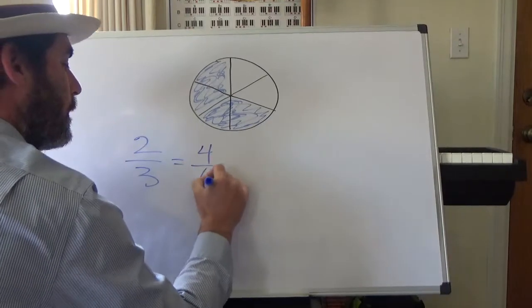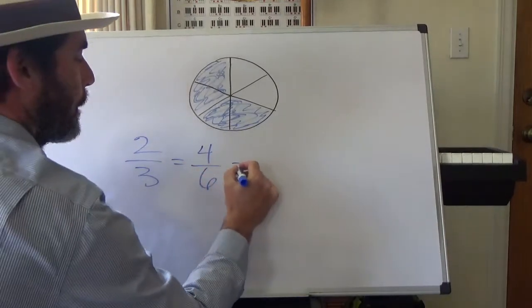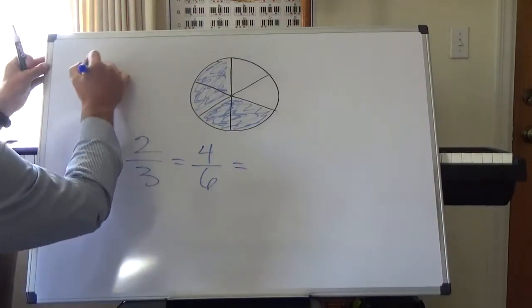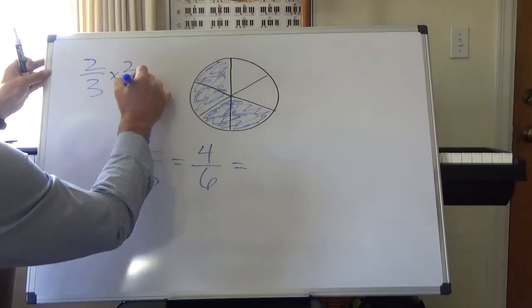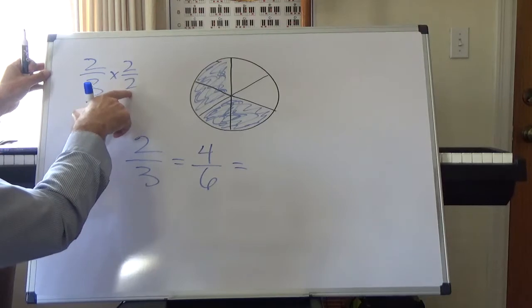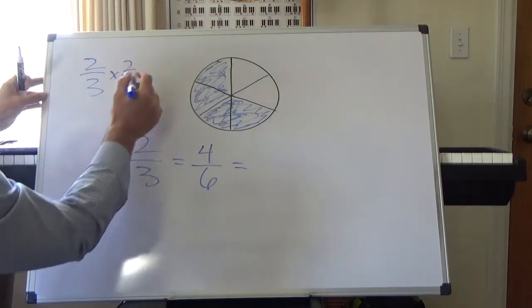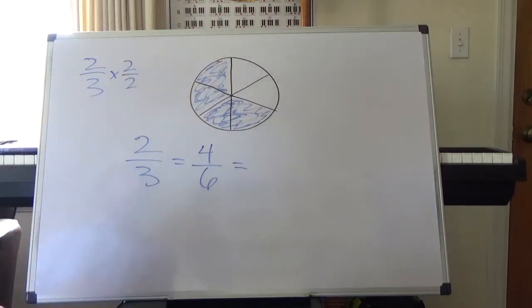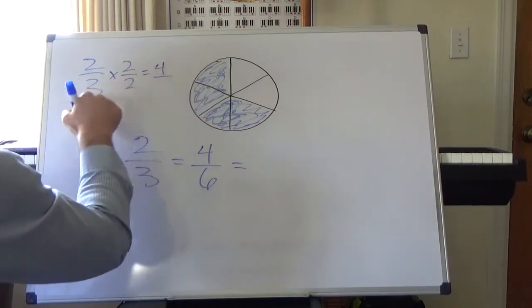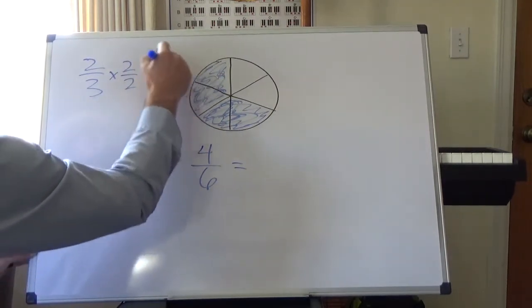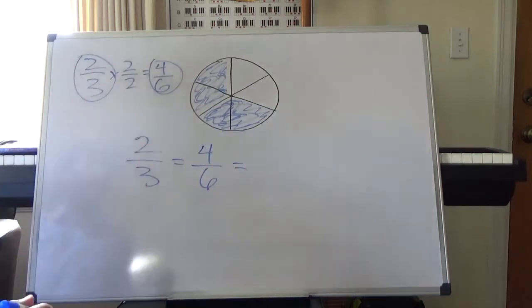So now I have 4/6 shaded in. I can also do that mathematically by 2/3 times 2/2, which remember this is equal to 1. 2 divided by 2 is 1, so we're just changing the ratio. 2 times 2 is 4, 3 times 2 is 6, so 4/6 and 2/3 are equivalent fractions.